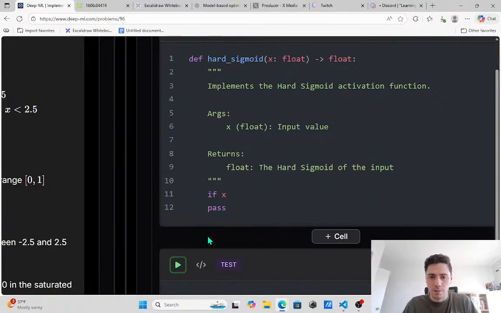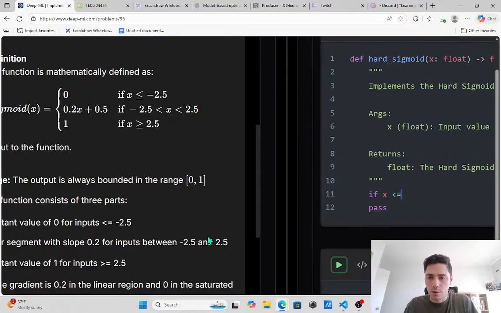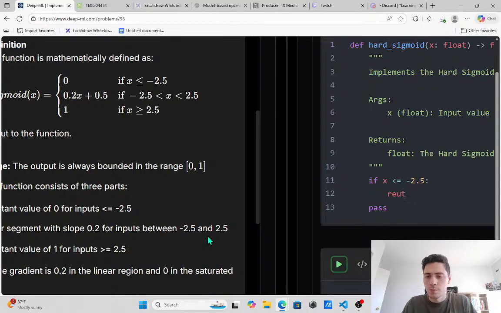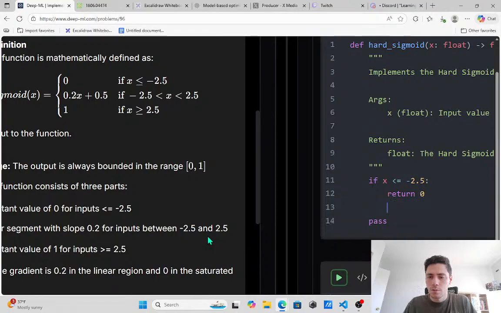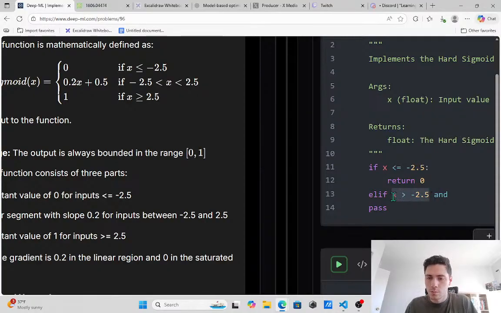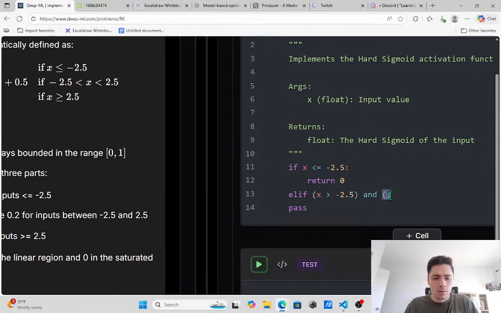If x is less than or equal to minus 2.5, return 0. If x is greater than negative 2.5 and x is less than 2.5.